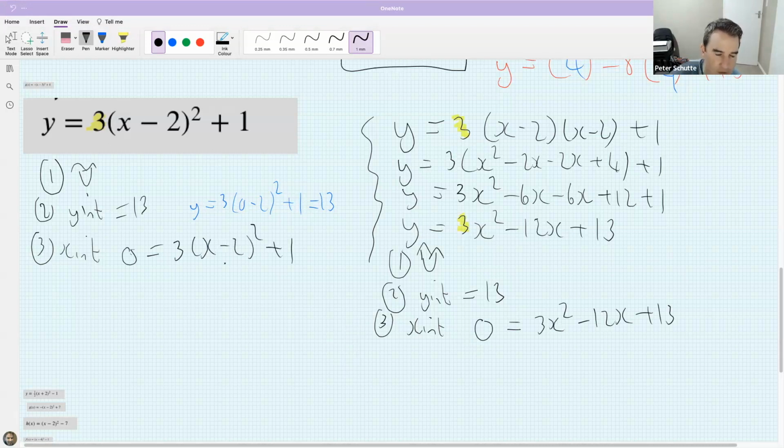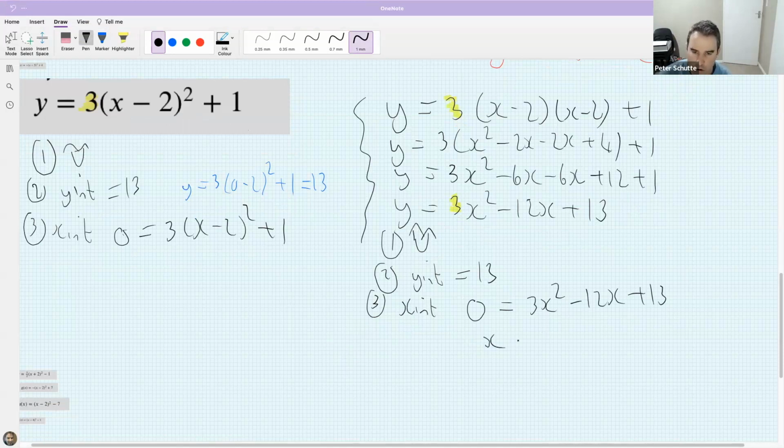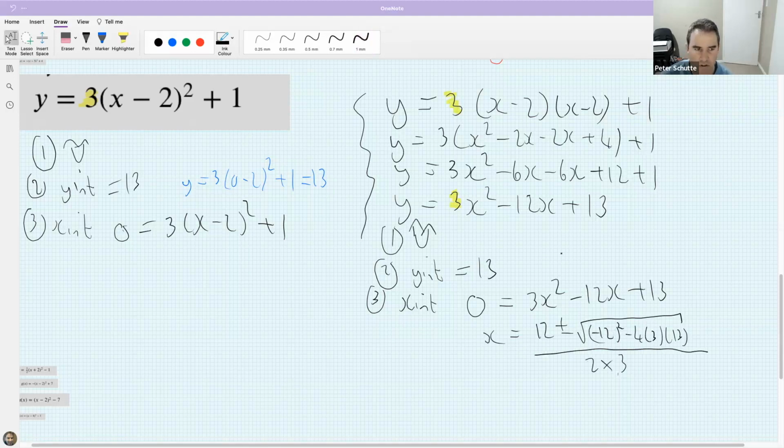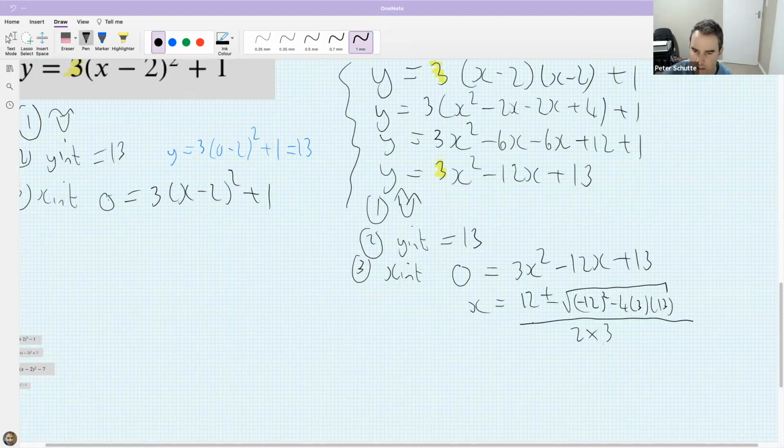I did the standard form, and I used the quadratic formula. Okay, so you should have got minus minus 12, so 12 plus or minus the square root of minus 12 squared, which is 144, minus 4 times 3 times 13, over 2 times 3. I'm most interested in seeing what delta value you got.